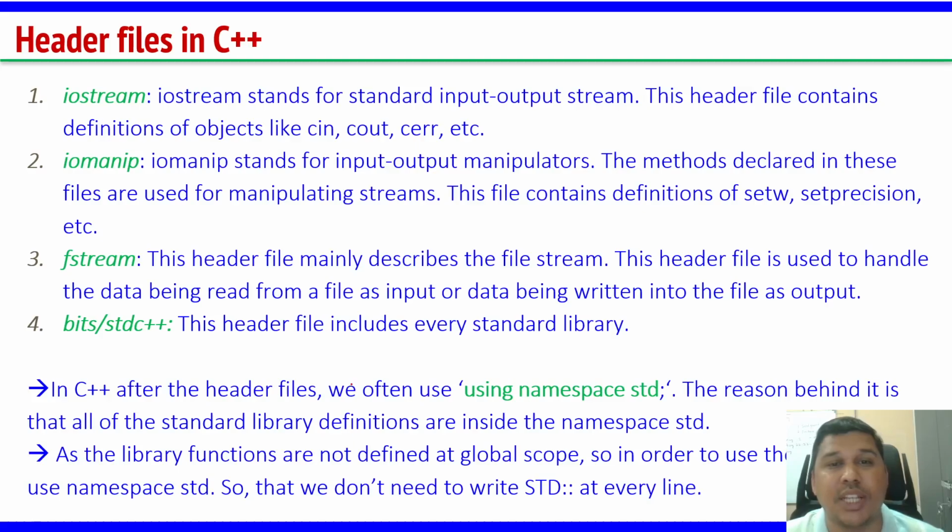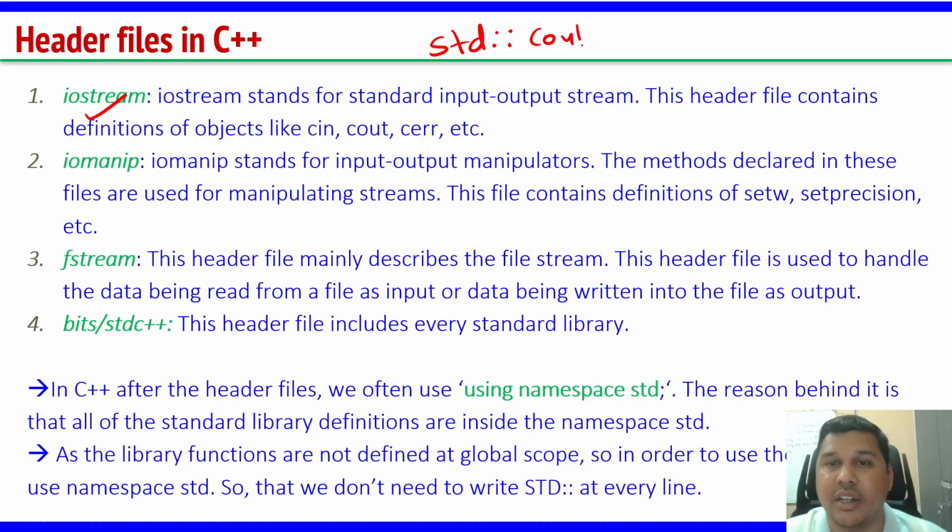But here there is one challenge in C++. When you are using iostream for input and output, you have to use std:: for every statement, for any single print or any addition of two numbers, whatever you do. You have to always use std and the two colons.